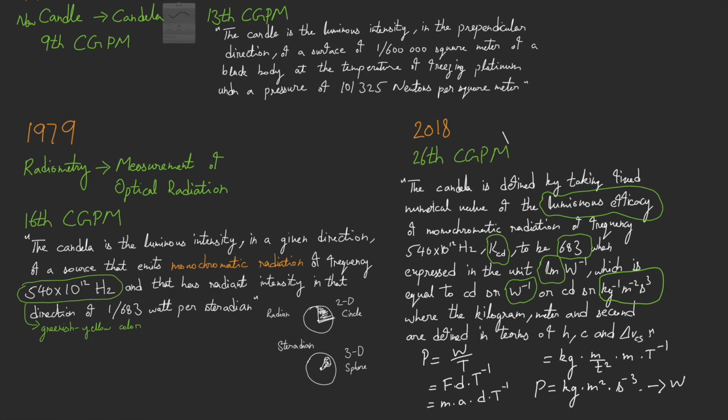So I think that's it for today. I think I have covered it all. This is the whole lecture for candela, the unit of luminous intensity. Remember, of all the seven base units, this is the only unit that is based on human vision perception.